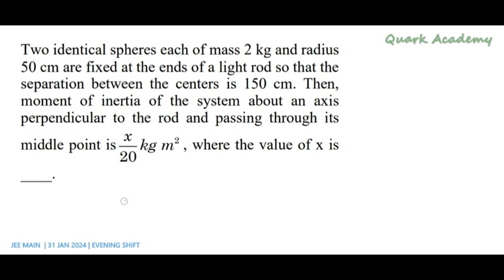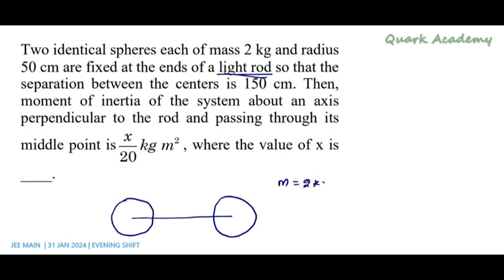Two spheres are there which are connected by a light rod. So let's consider these are the two spheres, and the mass of each sphere is m. They are connected with the rod, and the rod has no mass because it is mentioned as a light rod, so we can neglect the moment of inertia due to the rod. The mass of the sphere is m, which is 2 kg, and the radius of the sphere is given as 50 centimeter.